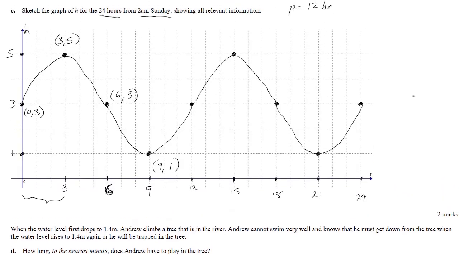So what we need to do is check where 1.4 is. So this will be 2, 1.4 will be about here. I'm just going to go along. This is the first time that the river gets below 1.4, and this is when it starts getting higher than 1.4.